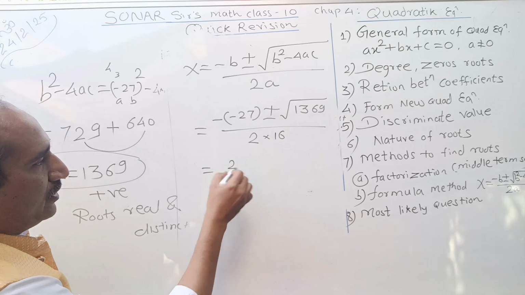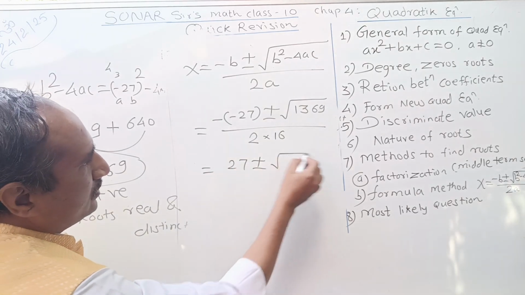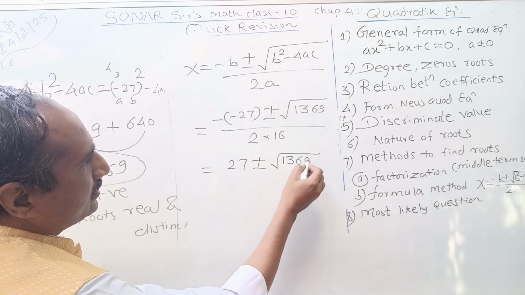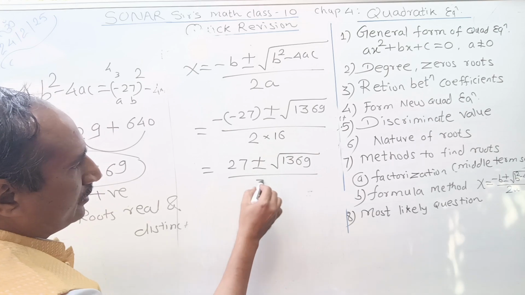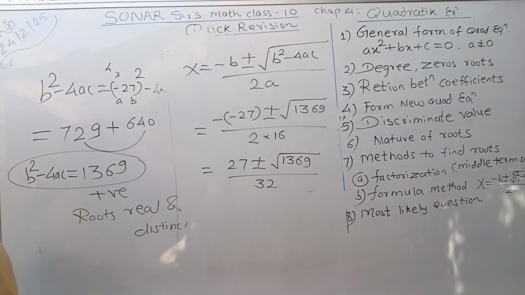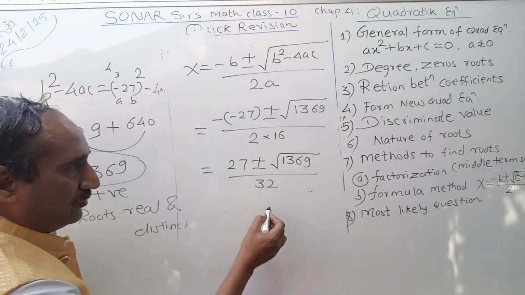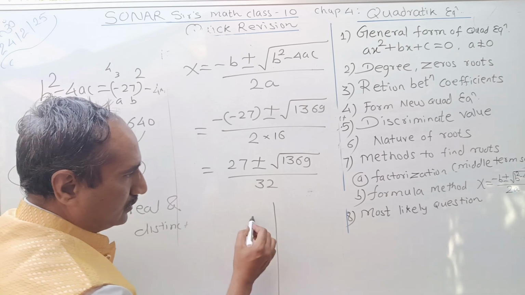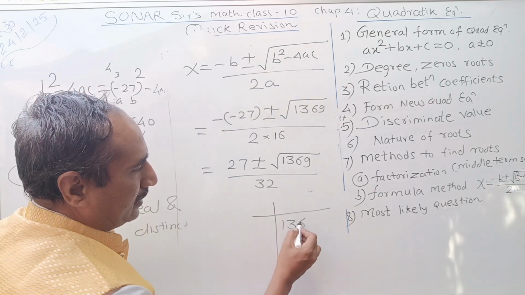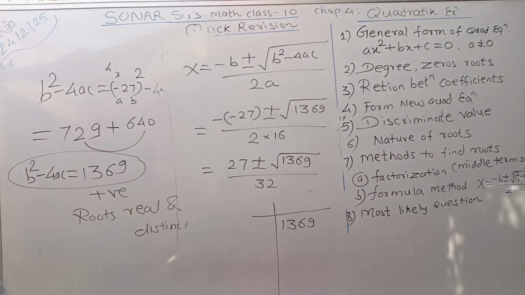Again the students face a problem finding the square root of this 1369. They are not able to find the square root of 1369. Again we can find it by the method that we learned in the 8th standard.